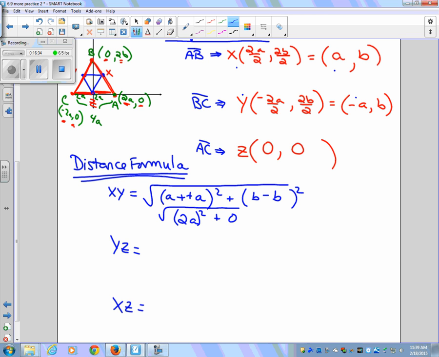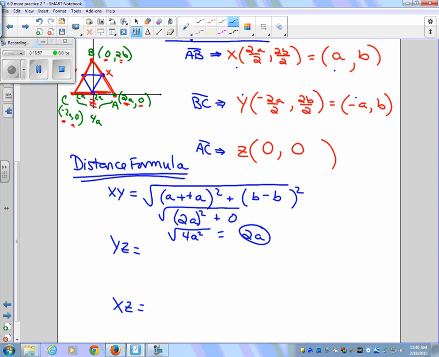What's 2a squared? 4a squared, right? Because 2a times 2a is 4a squared. And the square root of that is just 2a. Since that's just one term, we can find the square root of that. There are no plus signs in there.